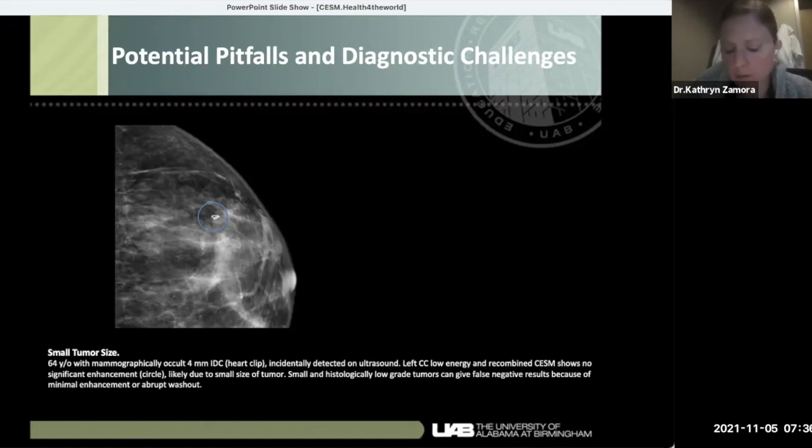The area that originally was of concern turned out to be nothing to worry about. Following the biopsy, you can see this heart-shaped marker was placed in the region of tumor. She underwent contrast enhanced mammography to evaluate for extent of disease.